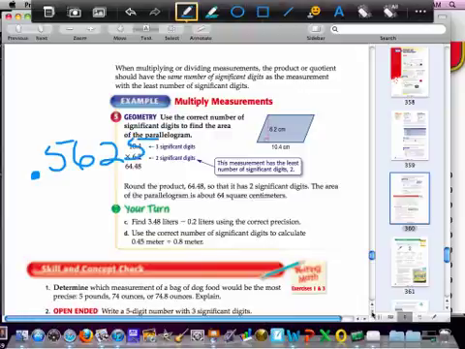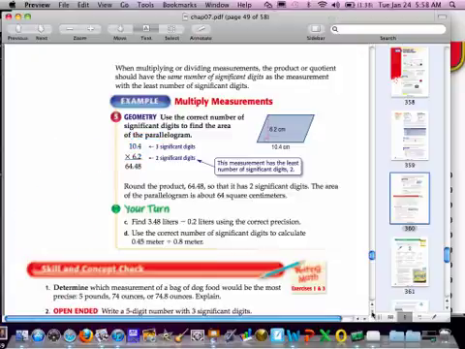Looks like 4 significant digits, but if I look at my numbers that I measured, I've got 0.45, which has 2, and 0.8, which only has 1. Therefore, my answer can only have 1 significant digit. So I need to round it off, looks like to the nearest tenth. So I would get 0.6 for the answer.